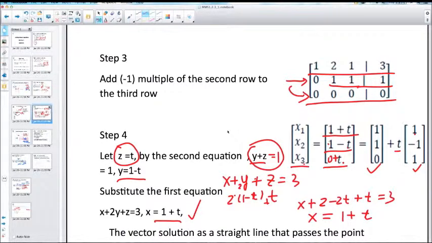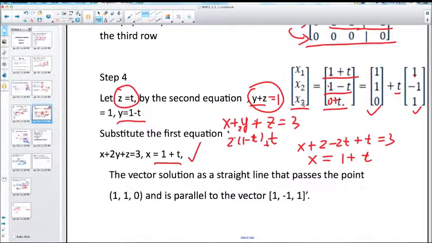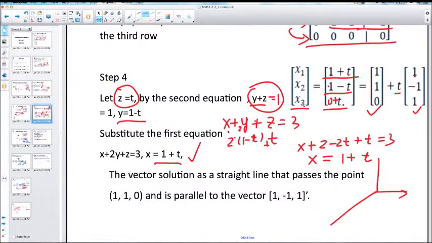And this gives the solution a geometric meaning. In geometry, if you learned Calc 3, you know this is a vector line passing through the point 1, negative 1, 0. And it's parallel to the vector 1, negative 1, 1.